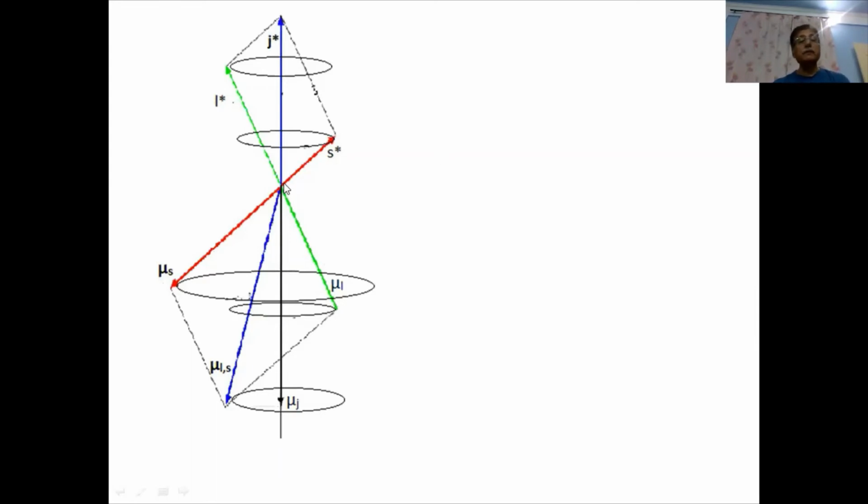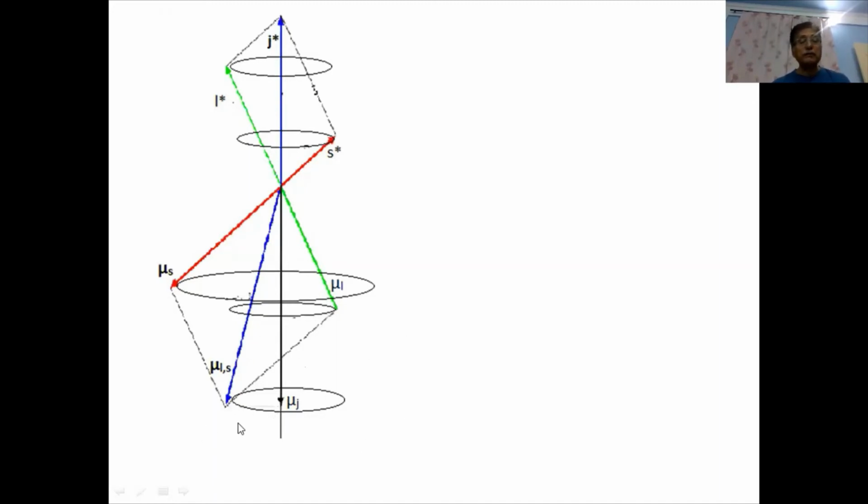Whereas if we have the resultant J star here, we do not have mu ls pointing exactly opposite, that is along mu j.